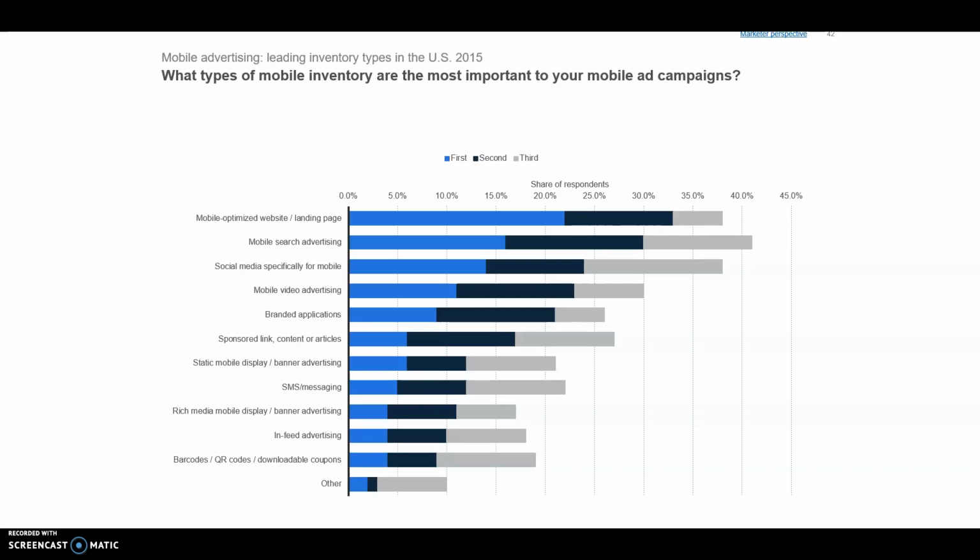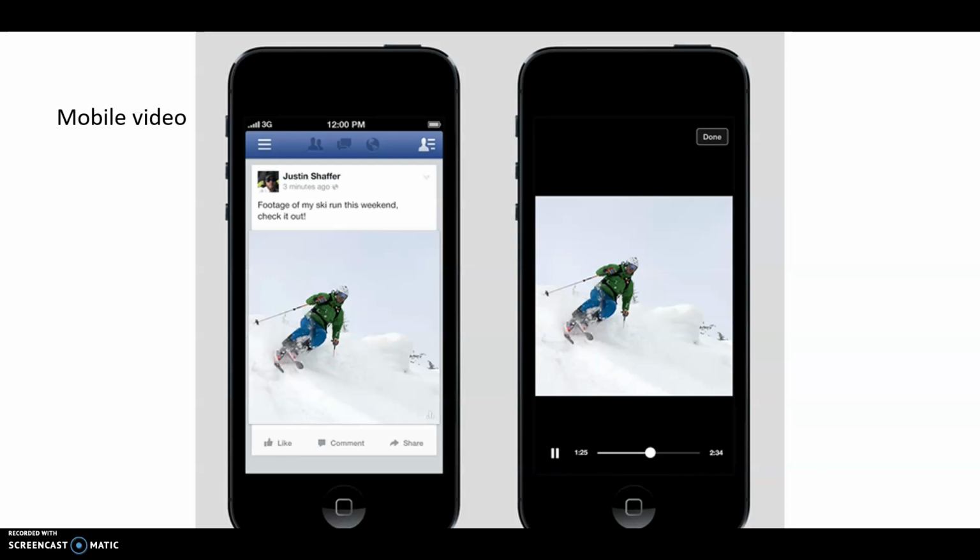Some people are sponsoring things. Some people are doing banners. Some people are using SMS. You remember rich media, which is basically banners that have animation. So there you see how people are thinking about what type of advertising to do on mobile.